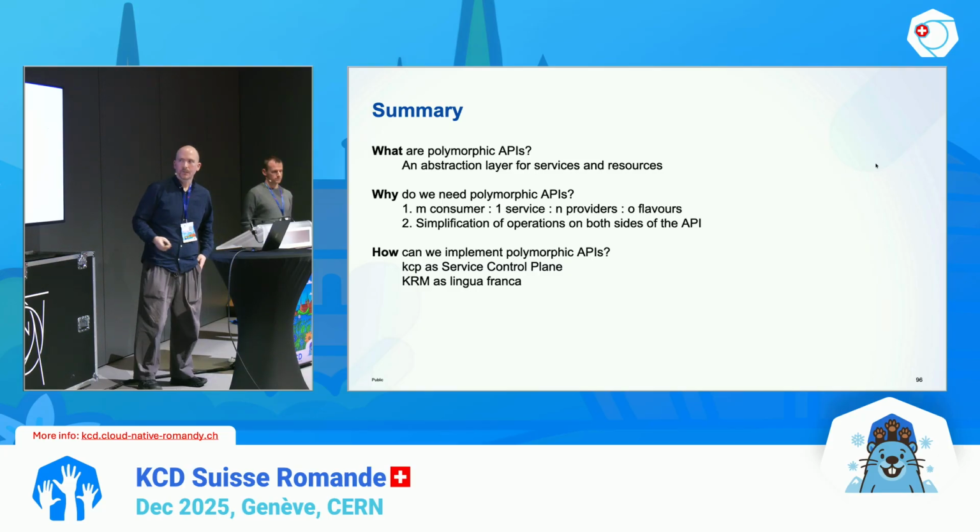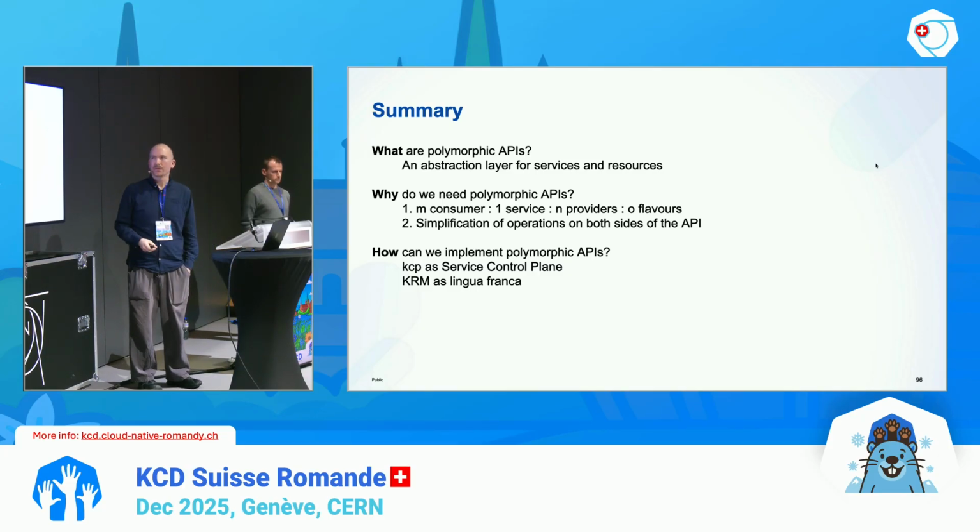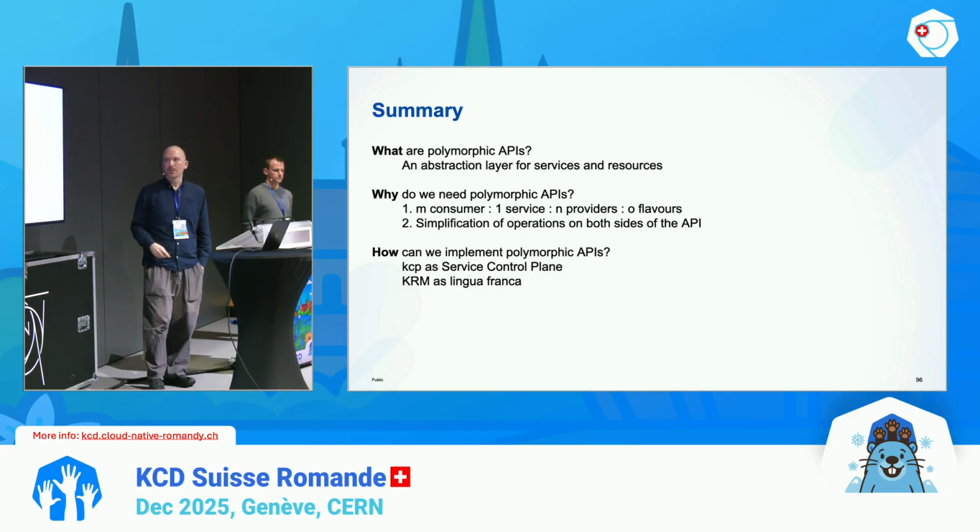So in summary, what are polymorphic APIs? They are an abstraction layer for services and resources. Why do we need polymorphic APIs? To realize that we can serve many consumers with one service by many providers with many flavors implemented by these providers.